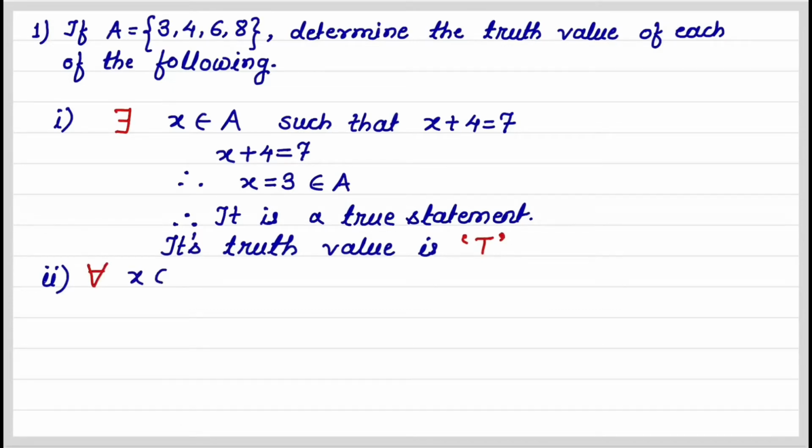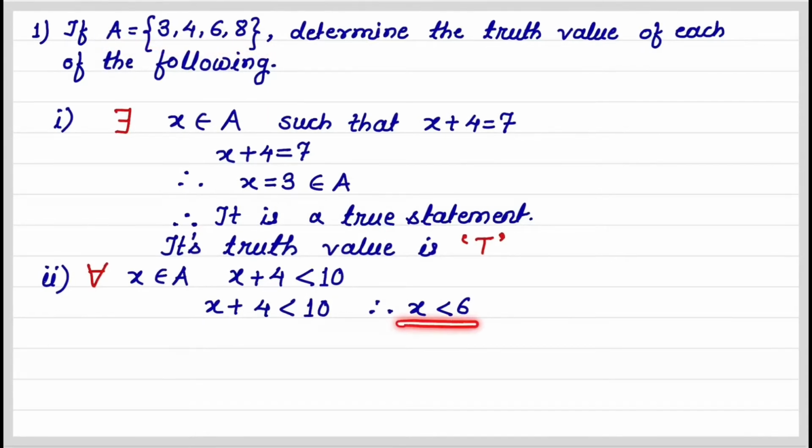Next statement: for every x belonging to A, x plus 4 is less than 10. Here the quantifier used is for every. That means every x belonging to A must satisfy this inequality. That means x must be less than 6.